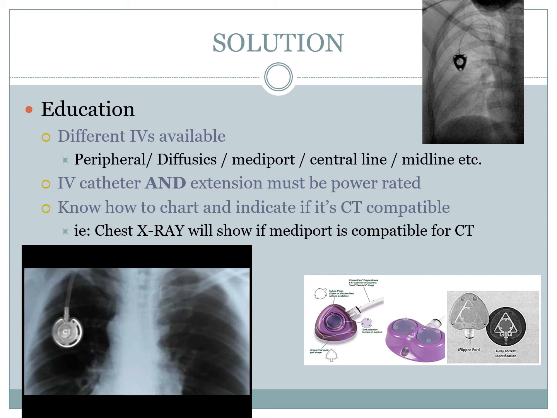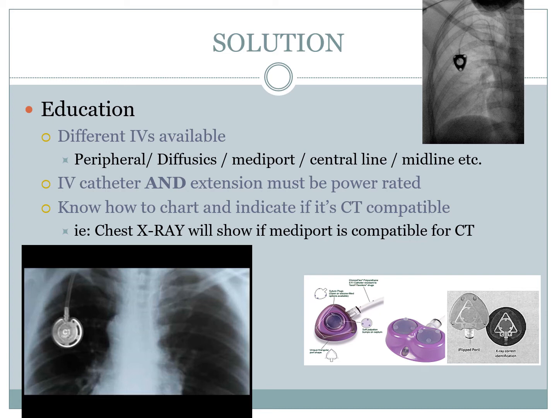Different IVs are available if we can't get a peripheral IV. Peripheral meaning on the arms, hands, wrists, even your foot. I've even seen some on the chest area, on the shoulder area. Those will all work.